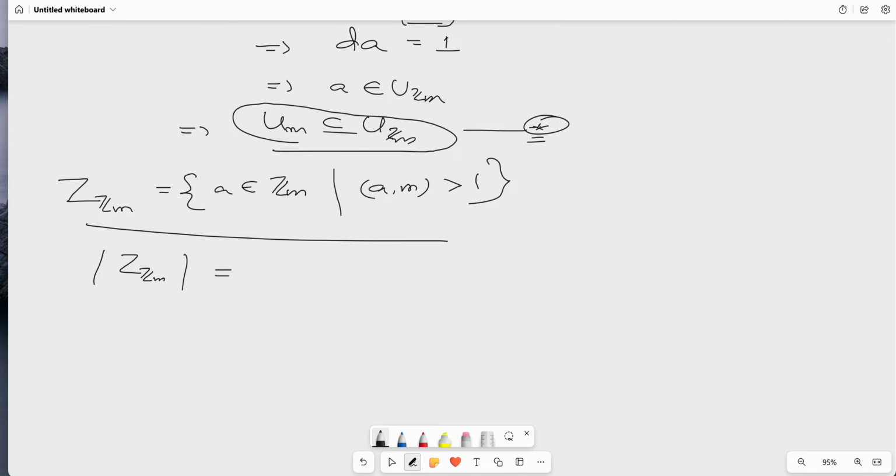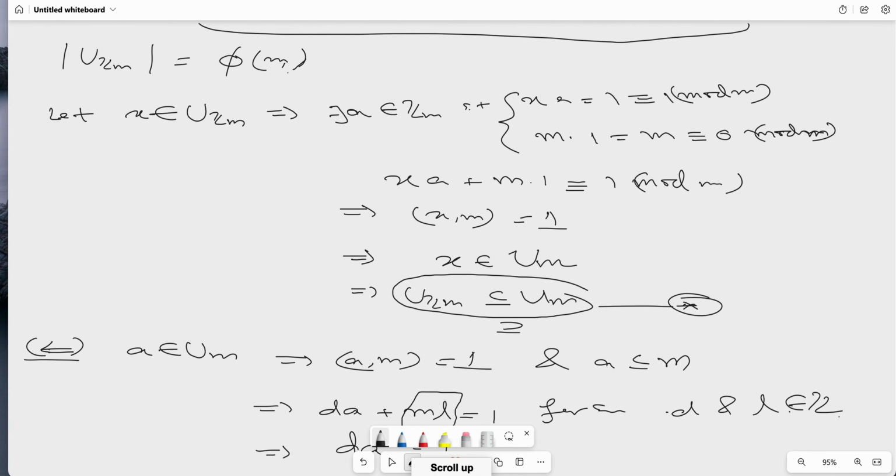See, we have total n elements, okay, and 0 is neither a zero divisor nor a unit. I have to subtract the units because there are exactly phi(n) units here, right?